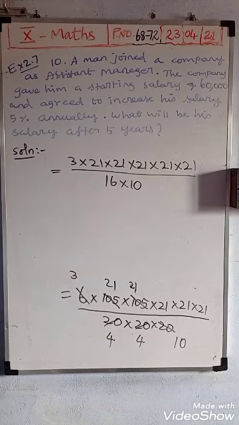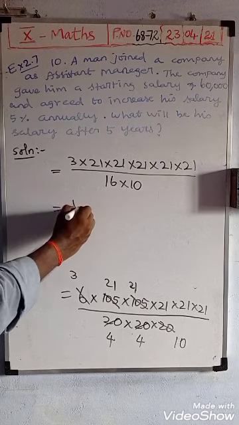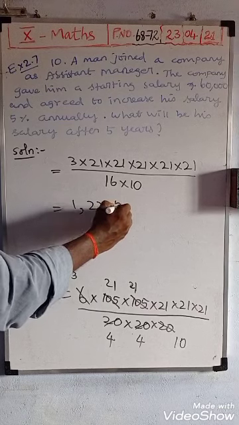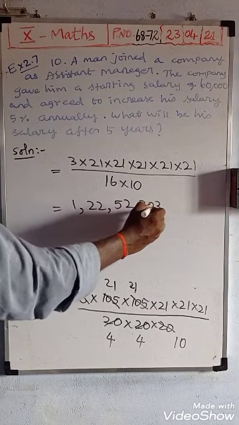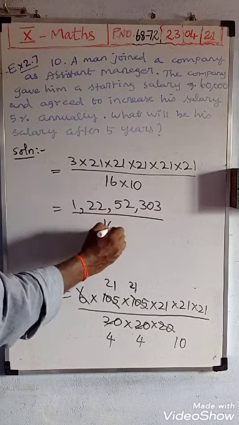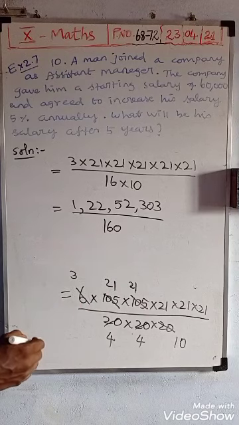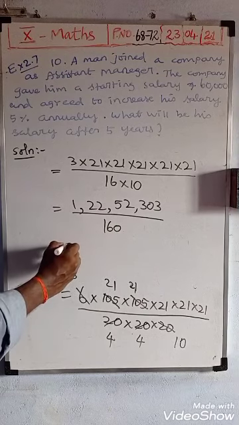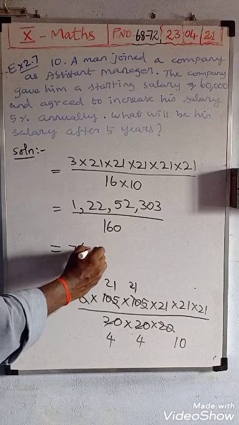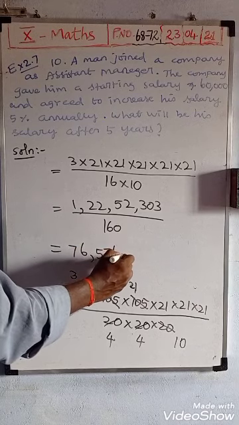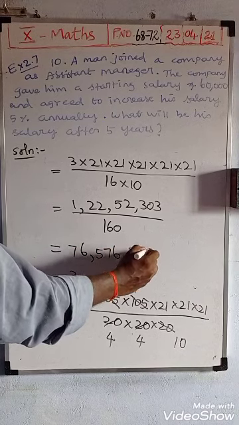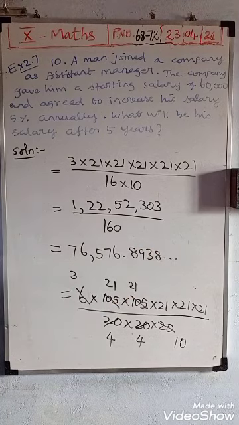Now the numerator everything you should multiply, you will get 1 crore 22 lakh 52,303. Denominator is 160. Now divide, you will get approximately 76,576.8938, it will go on.